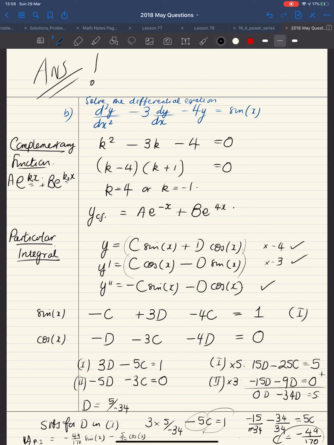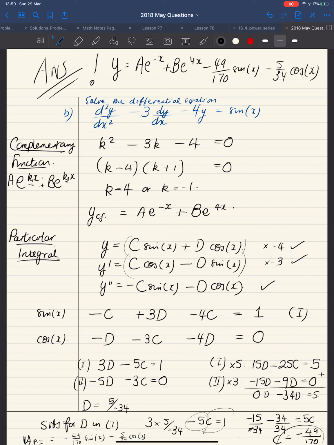I don't think that cancels. So the answer: y is a e to the minus x plus b e to the 4x, minus 49 over 170 sin x, minus 5 over 34 cos x.